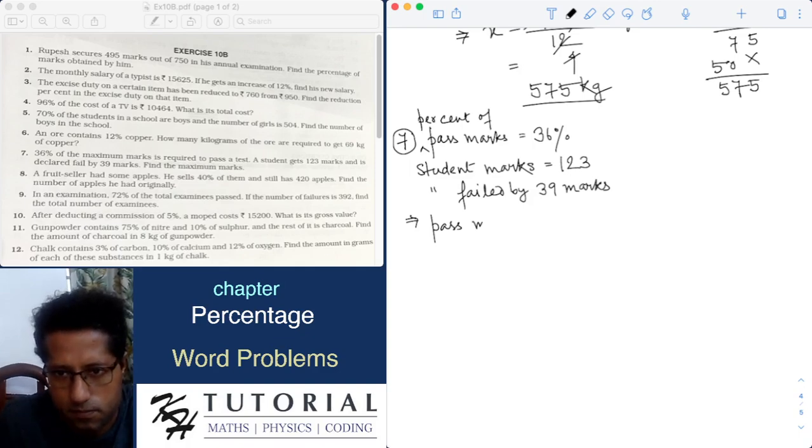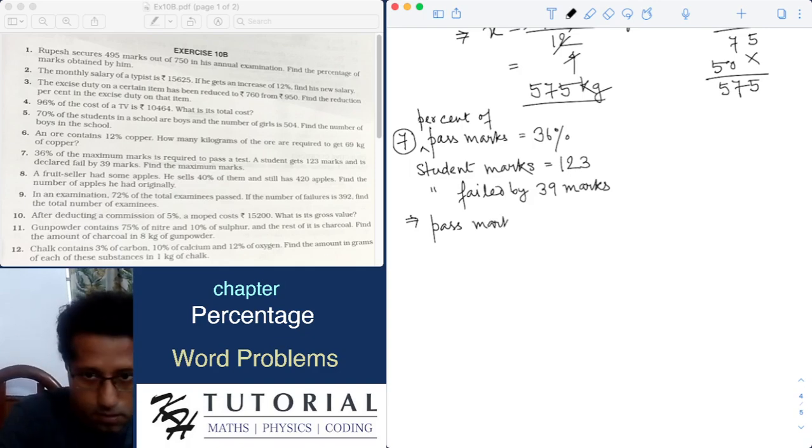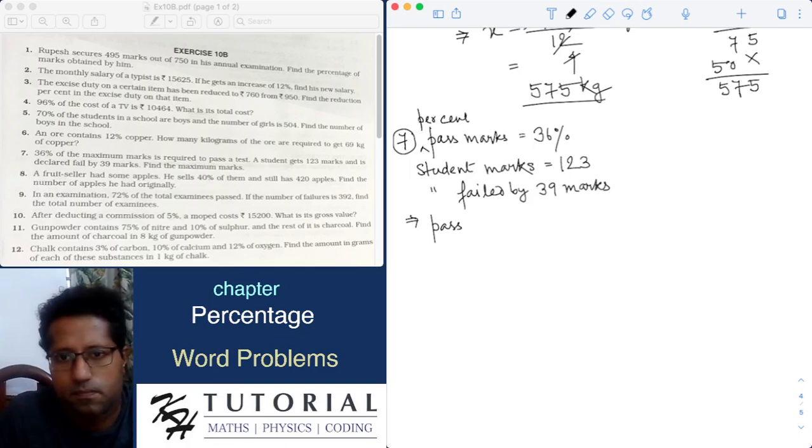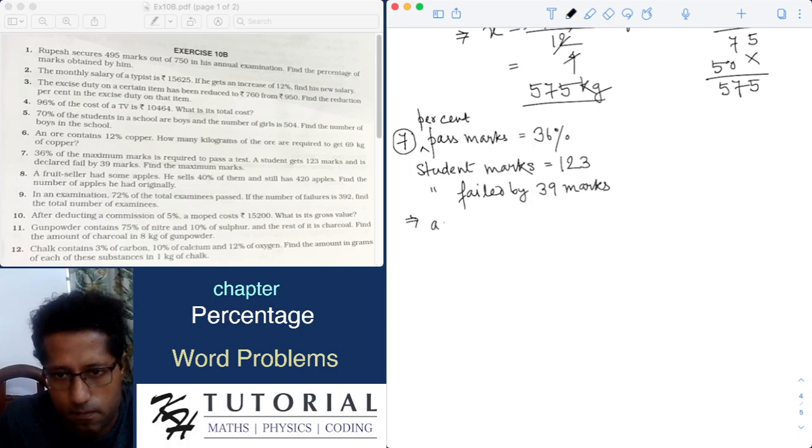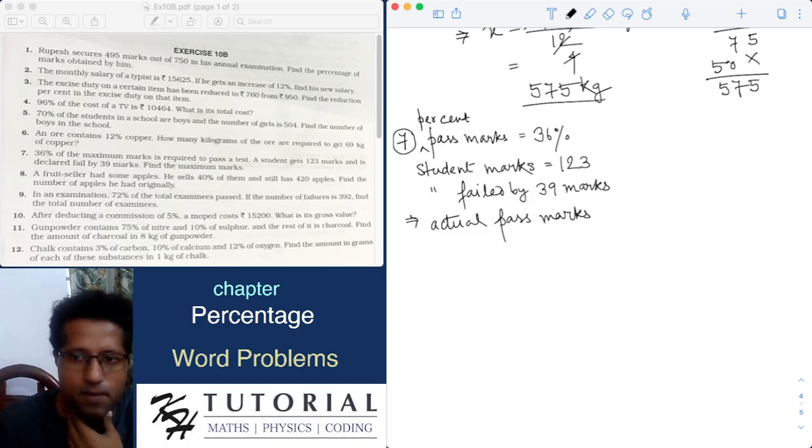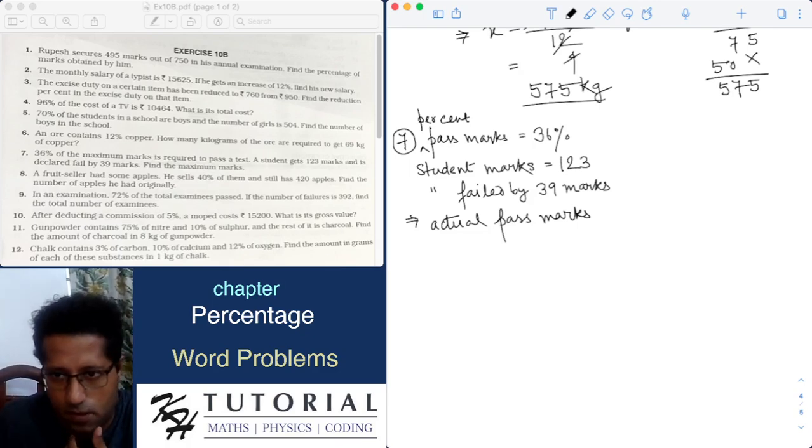Let's say this is the actual pass marks. From the fact that the student got 123 marks and he failed by 39 marks, that is, he was short of 39 marks, we can say that the actual pass marks is 123 plus 39.